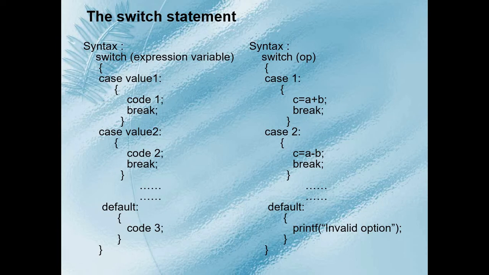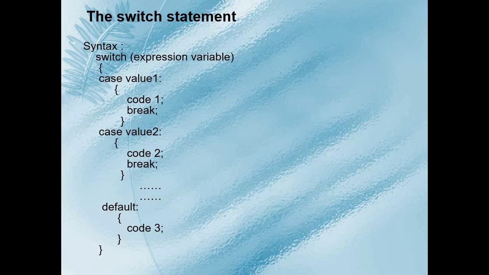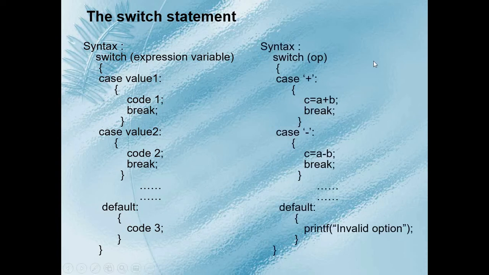As we discussed in the previous slide, the switch statement can use only integers and characters. So in place of 1, 2, we can have characters also. Let me take the same example in a different way, where we are using characters, that is the symbols of the operations.